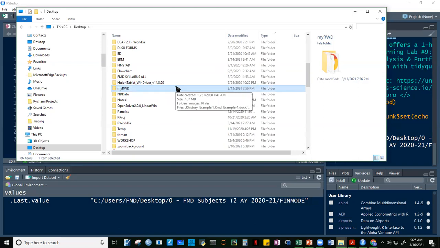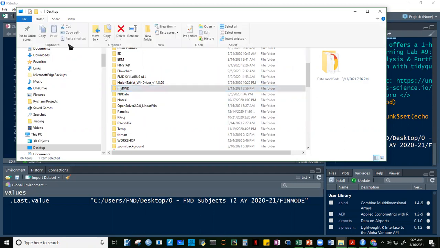The working directory is that location in your computer where you want the files to be saved. It's good to have a working directory to put your R files. So I created this folder, R working directory, to be my working directory. I go here to the file location, click this, go to home, and then you can copy the path.